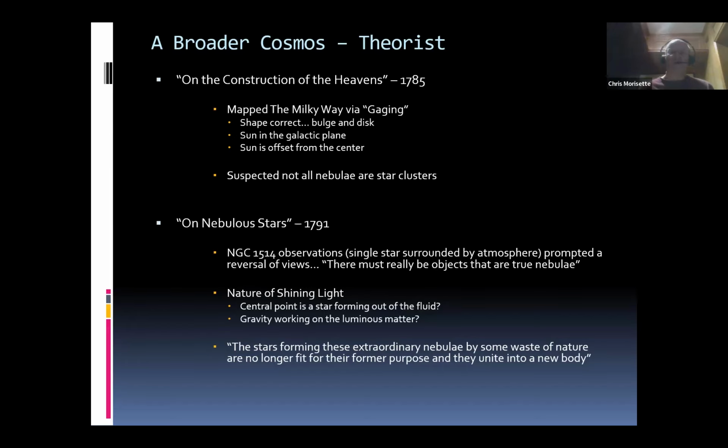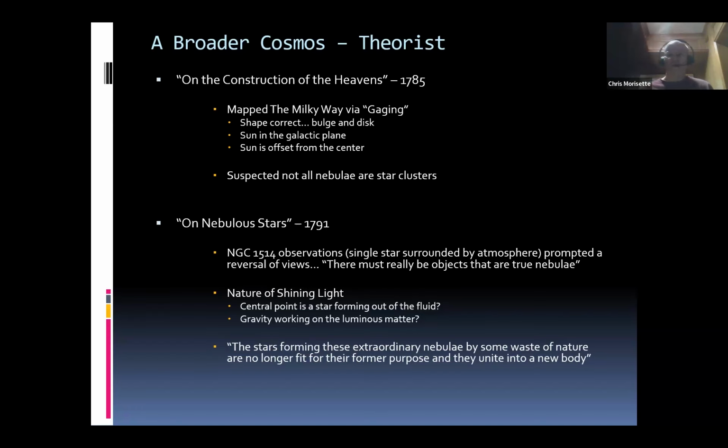And this final statement that he has down here, that stars forming these extraordinary nebulae by some waste of nature will no longer fit with a form of purpose, and they unite into a new body. Well, here you're talking about what we talk about today when we think about the death of a star: planetary nebula, white dwarfs, supernova that would result in a neutron star or black hole.